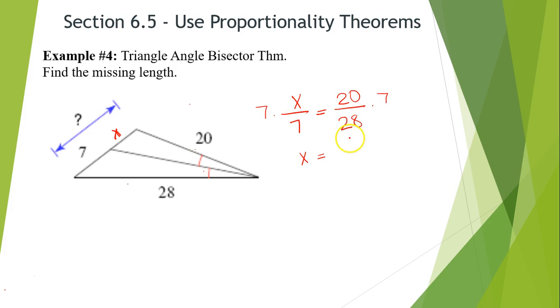I do it by multiplying both sides by 7, and x is equal to 5. All right, now don't just stop there because that is what this side length is equal to. Our x is right here, but we're asked to find the entire side length. So what we do is just add 7 and our x value, which is 5, together, and we get 12. So right here, this question mark is 12.